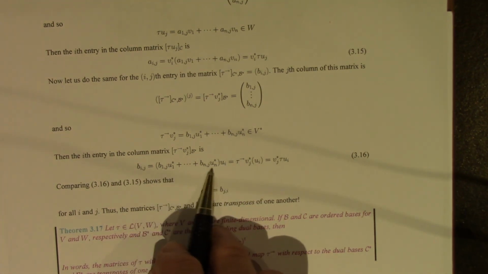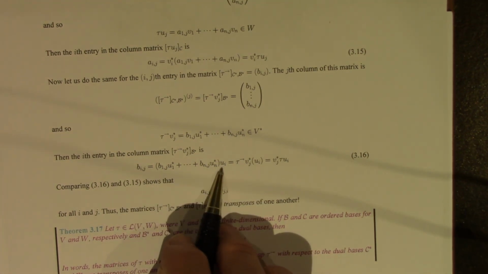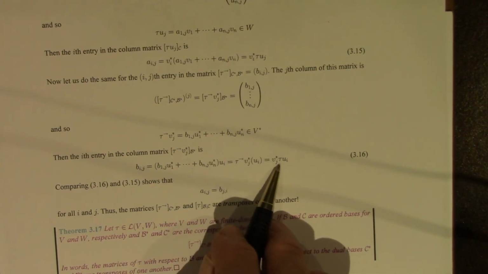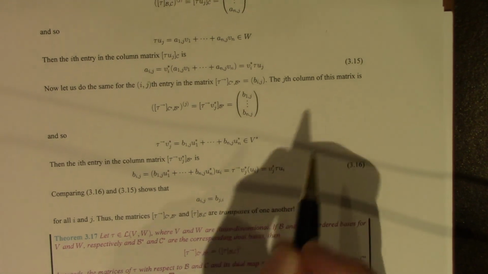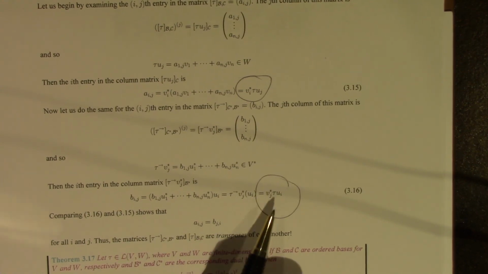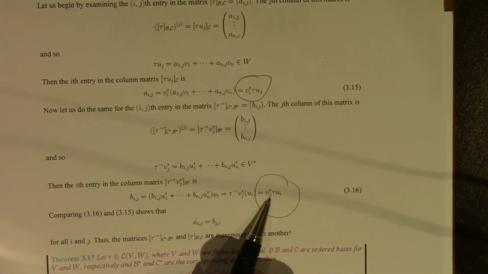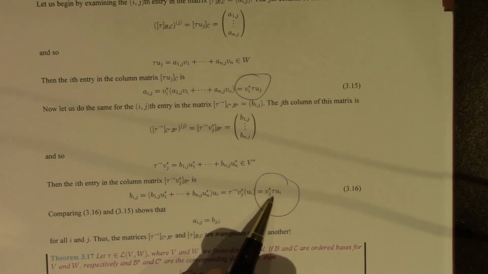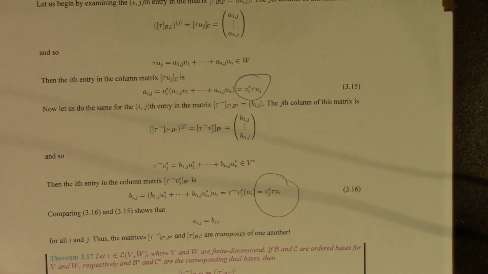So we apply this linear map to ui, and we get this, vj star of tau ui. Now it's time to compare. If you look at these two, all you have to do is swap i and j, and you'll go from here to here.